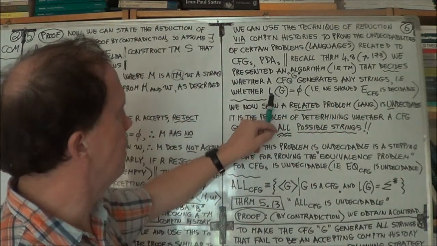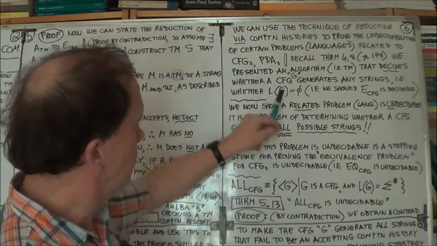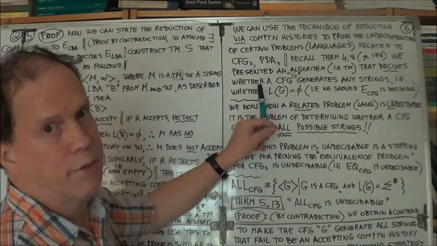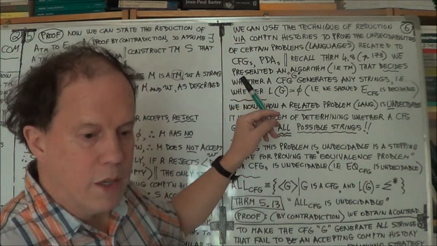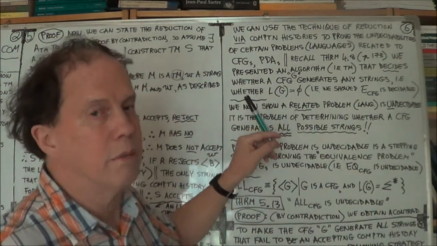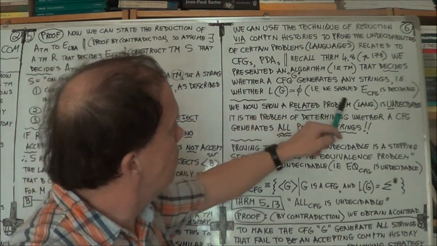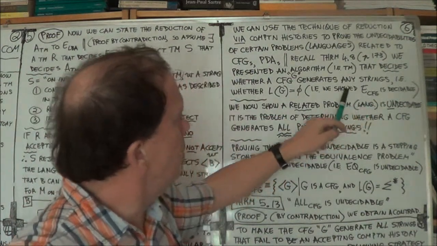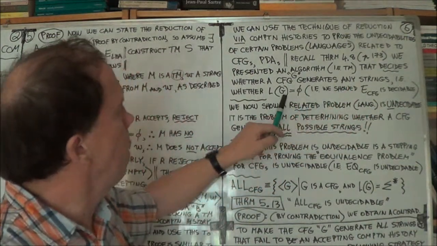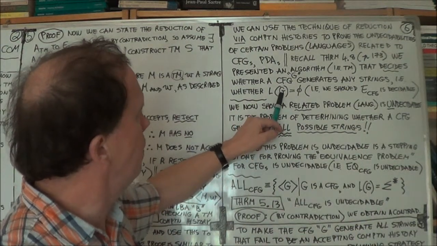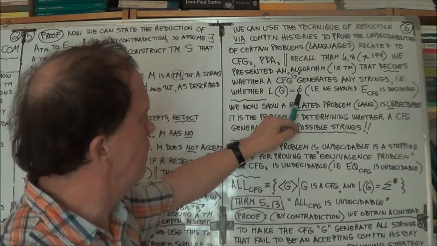In other words, it decides whether, given a grammar, its language is empty. Remember, the language of a grammar is all those strings that the grammar can generate. So this language is decidable. That means there is a Turing machine that can decide whether, for a given grammar, its language is empty.